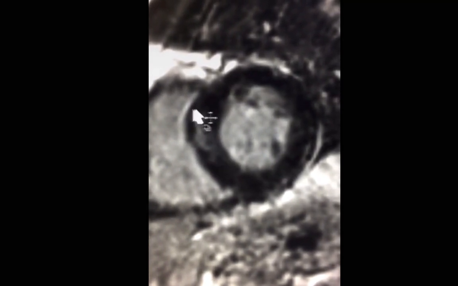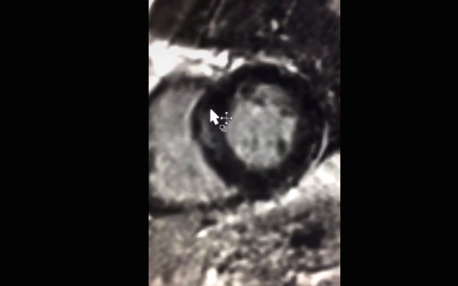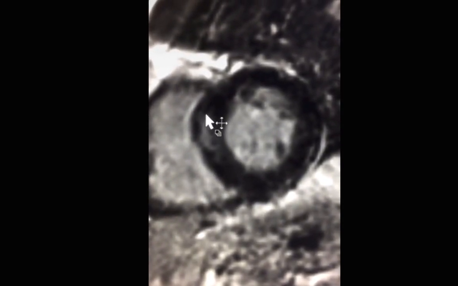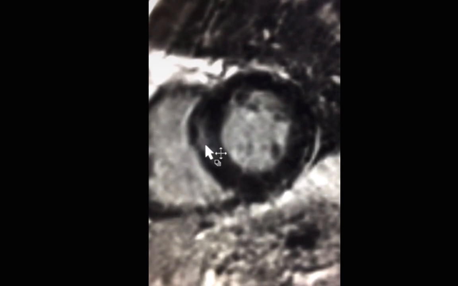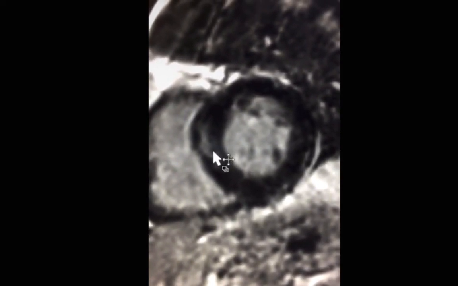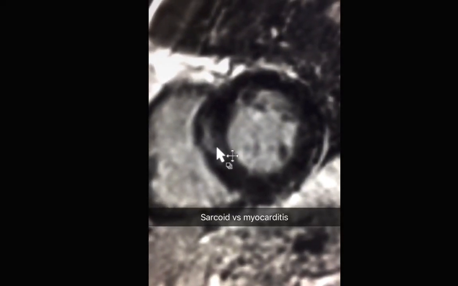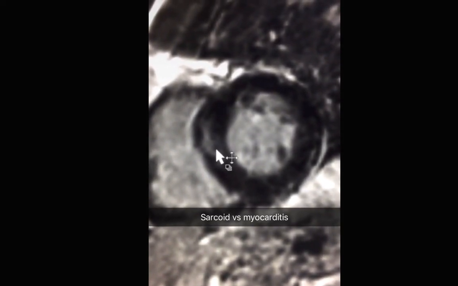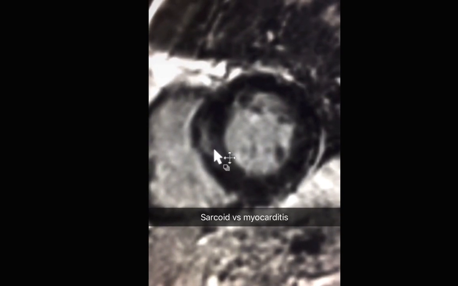This is the left ventricle, this is the right ventricle, this is the myocardium, which is dark and normal apart from here, where you have an elongated large patch of non-ischemic enhancement since it spares the endocardium. The appearance of multifocal patchy non-ischemic enhancement of the left ventricular myocardium would raise a few possibilities. This appearance, when acute, raises the possibility of myocarditis, and if chronic, raises the possibility of sarcoidosis.